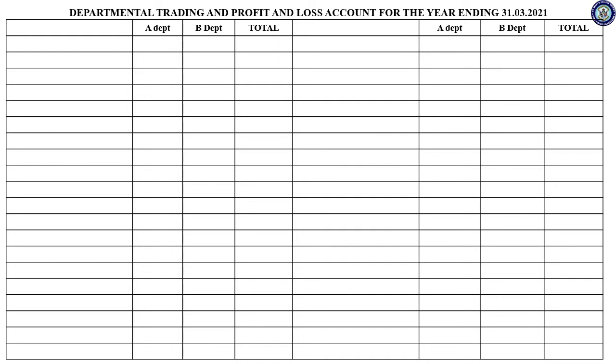Okay, you have to always start with opening stock. So write the opening stock.